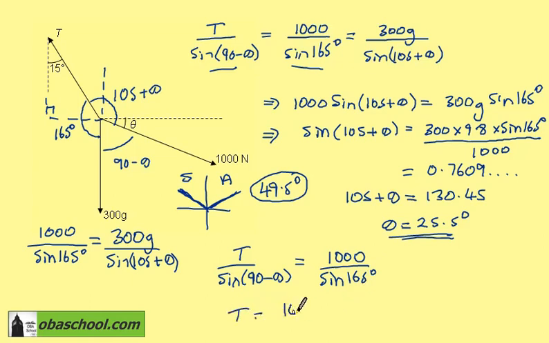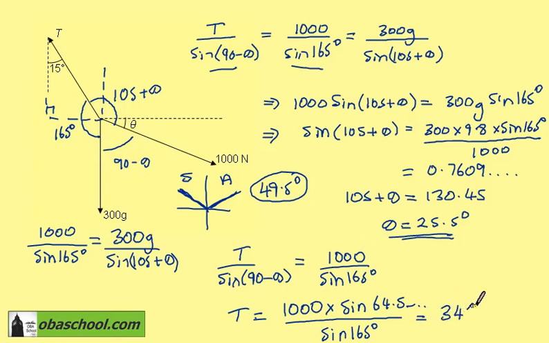So T is going to be 1000 times the sine of 64.5 and so on. I'm using more decimal places than I gave here, over the sine of 165 degrees, and that calculates to 3,488.7 newtons to 1 decimal place.